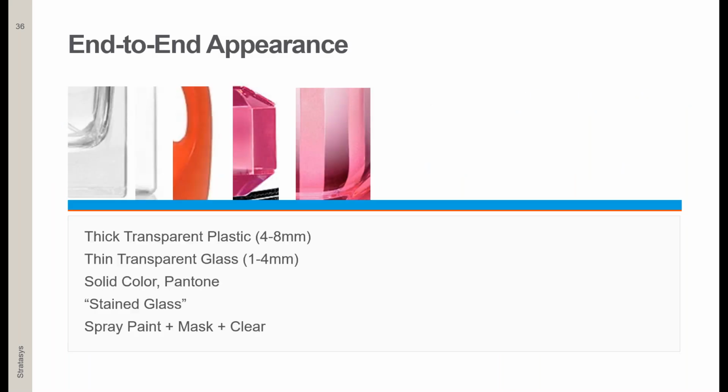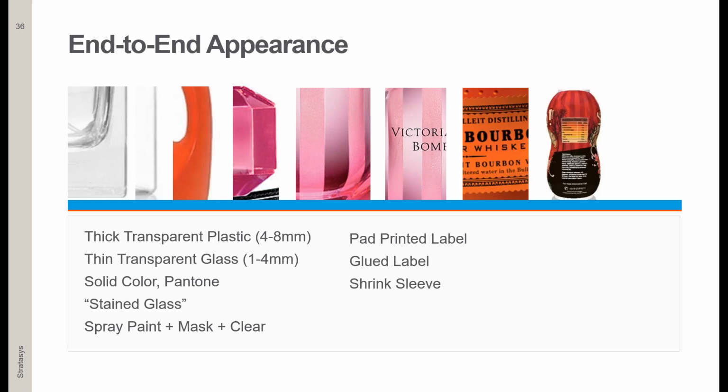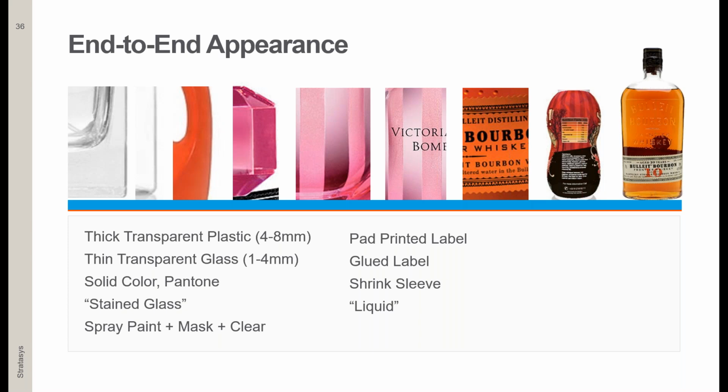So end-to-end appearances that we talk about is finally here, whether thick, thin, solid color, Pantone colors, a whole lot, or stained glass. Traditionally you have to think about spray painting, for which you need to mask, and then do a step-by-step process to achieve it, but all of that in a single step.